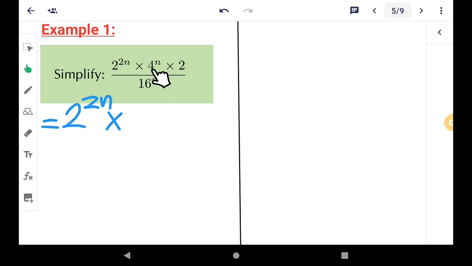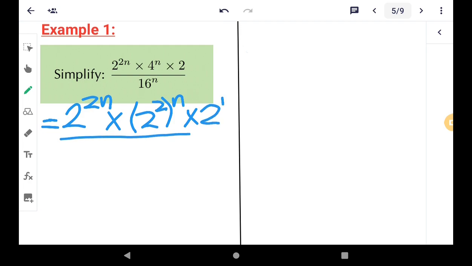Notice that you've got 4 and 16. Both are powers of 2 and must be written as powers of 2. And this is how we do that. We go 2 to the power of 2, that is 4, or raised to the power of n, and that 2 can also be raised to the power of 1 or written as 2 to the power of 1, which means exactly the same thing.